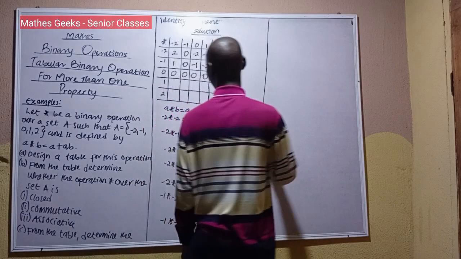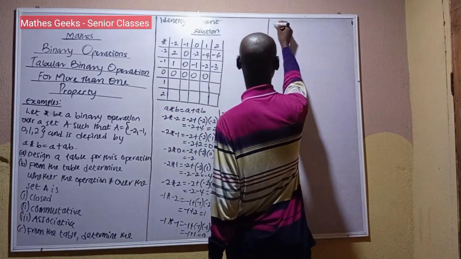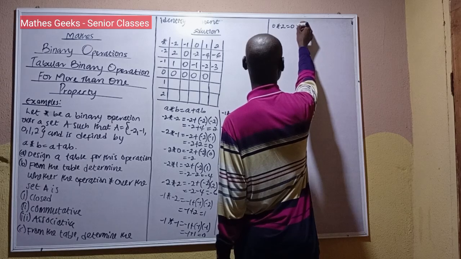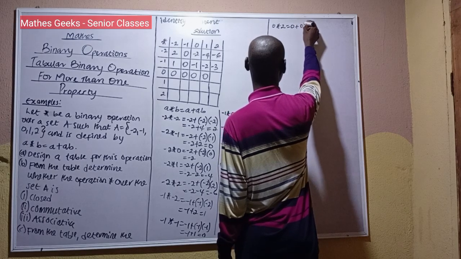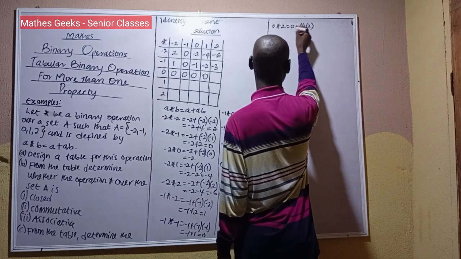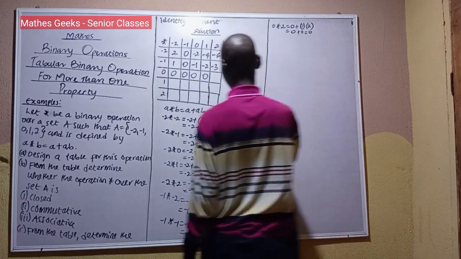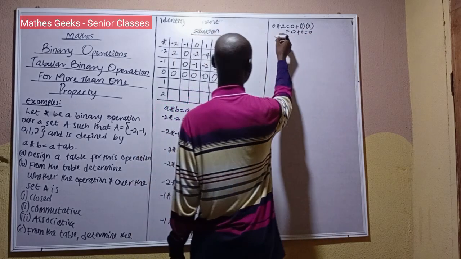So 0 operation 2: 0 plus 2, plus 0, is 2.